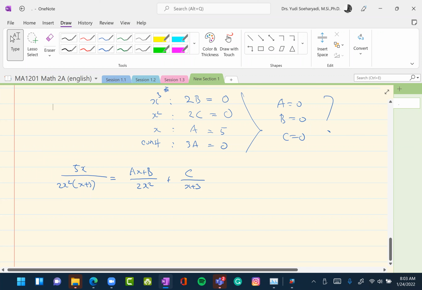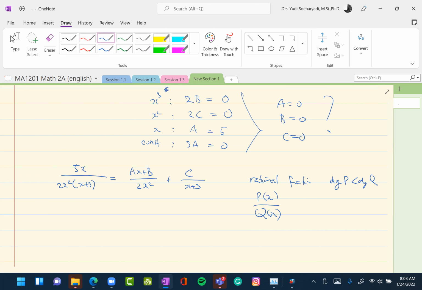Right. The idea is because if you have rational functions, p(x) over q(x), in this case, we should have degree of p less than degree of q, right?